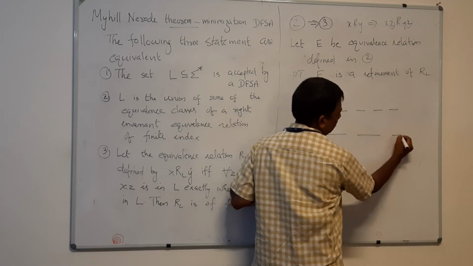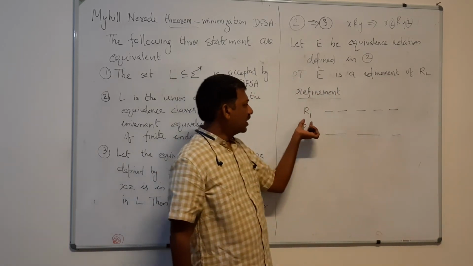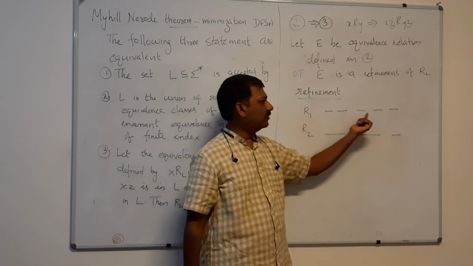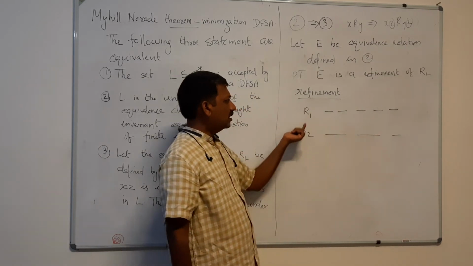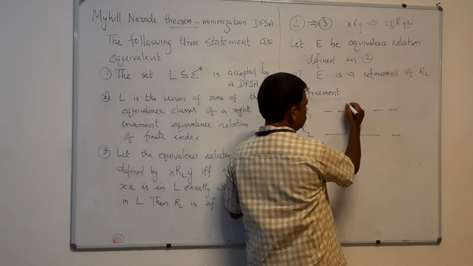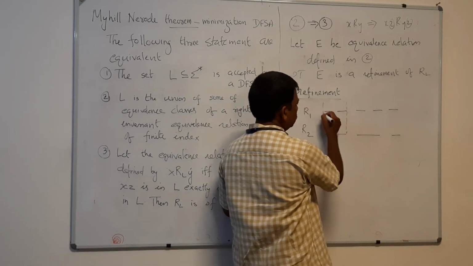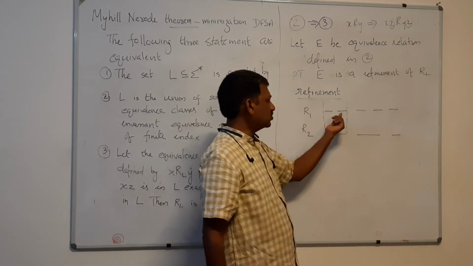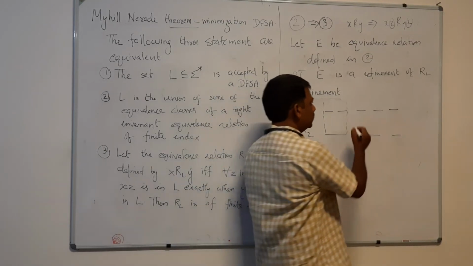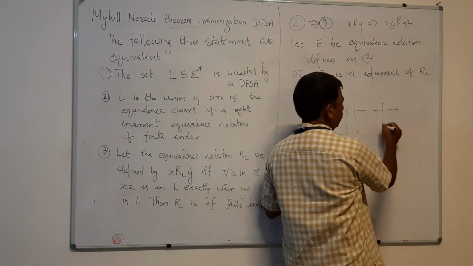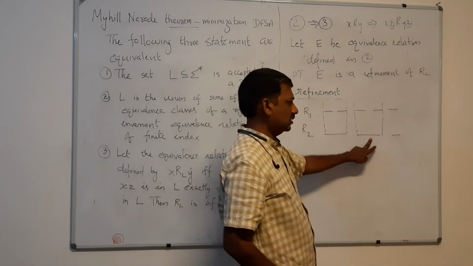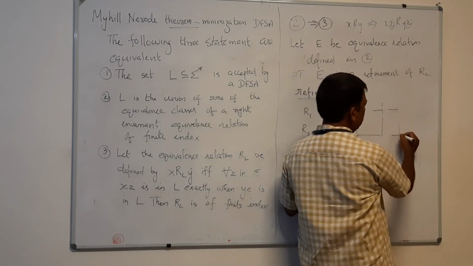In relation R1 you have 5 equivalence classes, 1, 2, 3, 4 and 5. And suppose that in R2 you have only 3 equivalence classes, and suppose that 2 equivalence classes of R1 are fully contained in one of R2, and these two equivalence classes of R1 are fully contained in this, and this one is fully contained in this.